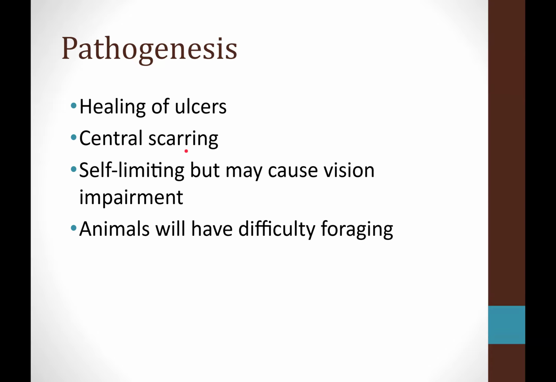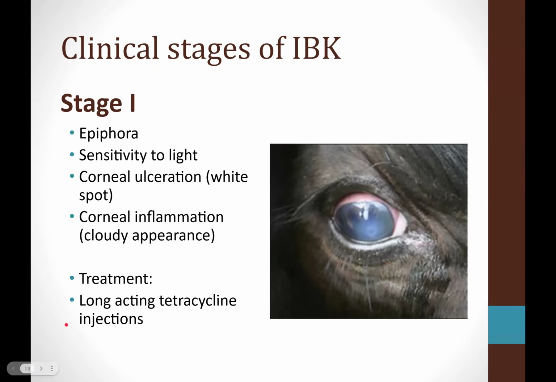There will be central scarring, but during this process, there may be vision impairment. Mostly the negative effect of this is that the animal will have difficulty in foraging.